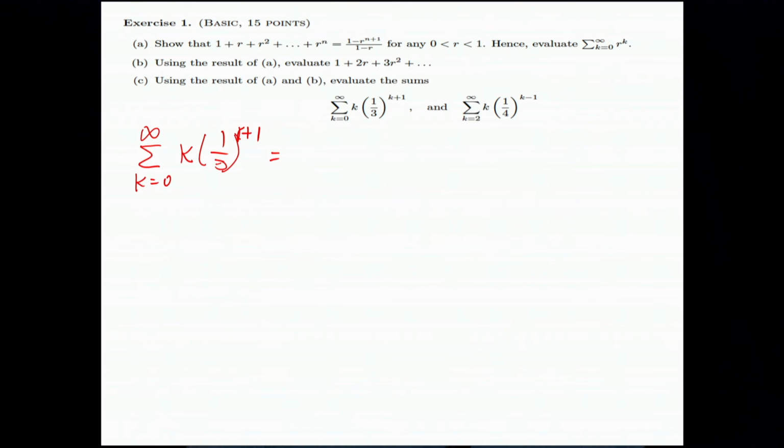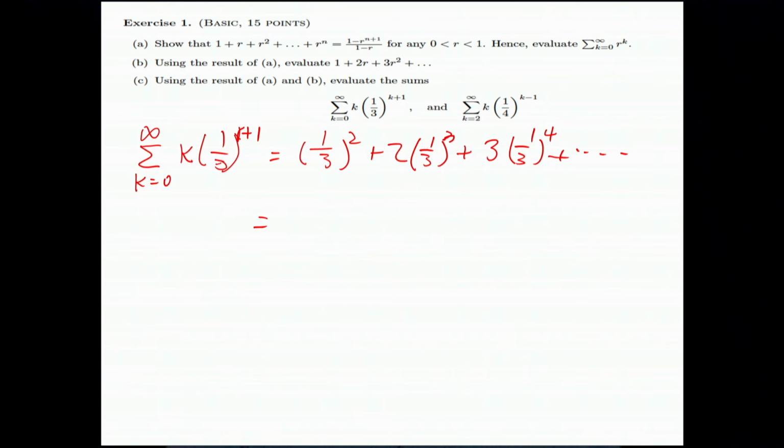If we expand this first and see how it looks, it is 1/3 squared plus 2 times 1/3 cubed plus 3 times 1/3 to the 4th and so on to infinity.